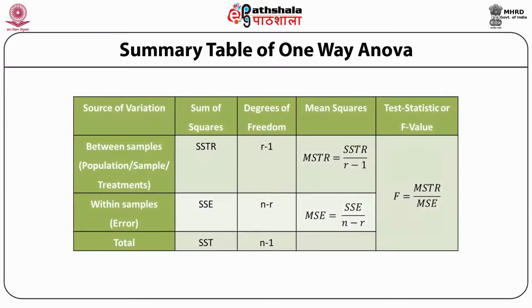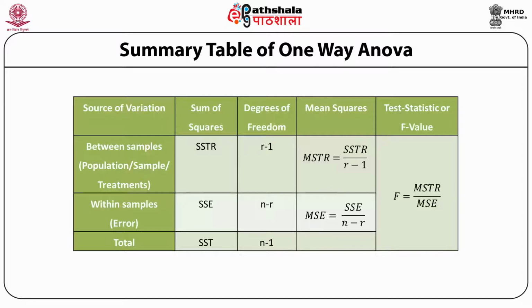After that, you can see the summary table of one-way ANOVA, in which between sample treatments the sum of squares is referred to by SSTR and degrees of freedom by R minus 1 and mean squares by MSTR, which is the ratio of SSTR upon R minus 1.